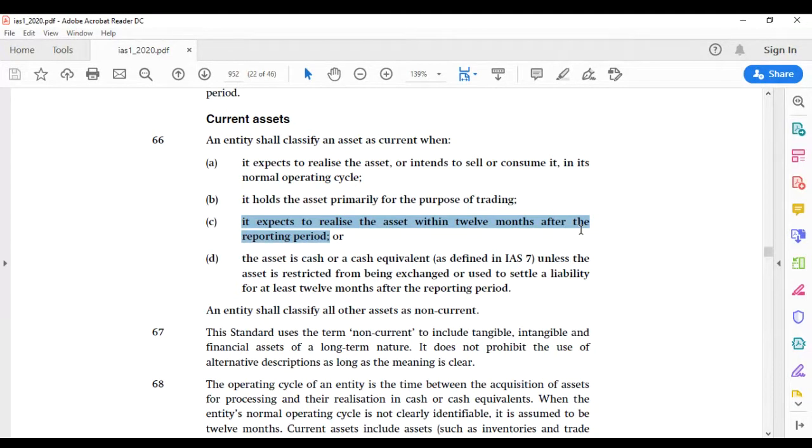That is why inventory normally, we'll see there are some exceptions later, will always be shown as a current asset, right? Because the quicker you can sell it, the better for you.